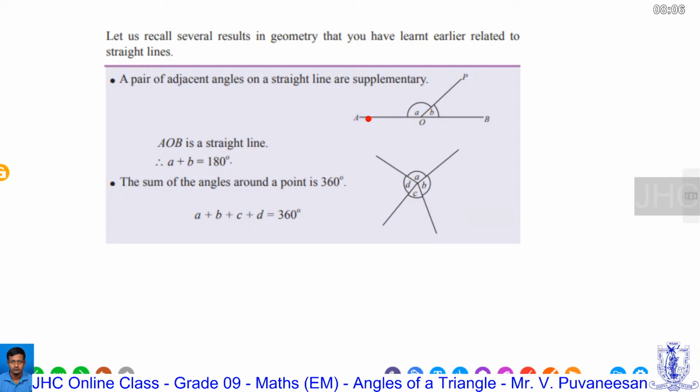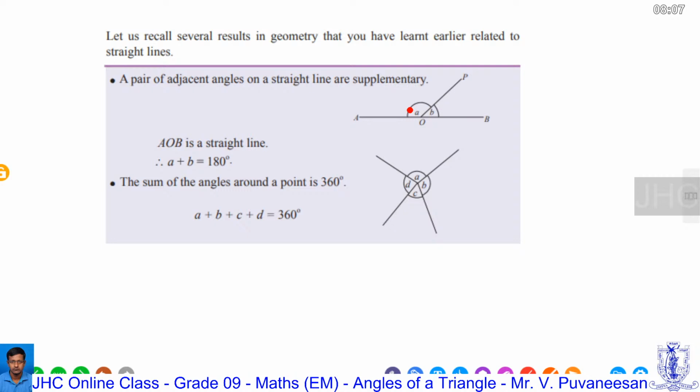This is a straight line AB. Here, two angles on the straight line, AOP and POB, we denote as angle A and angle B. AOB is a straight line, so we already studied that angles on a straight line are supplementary.